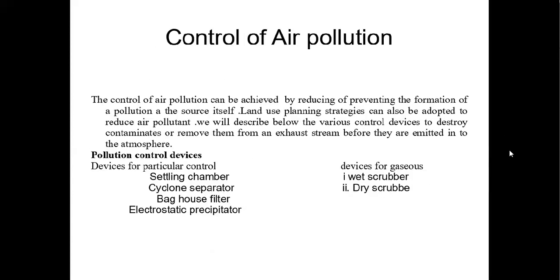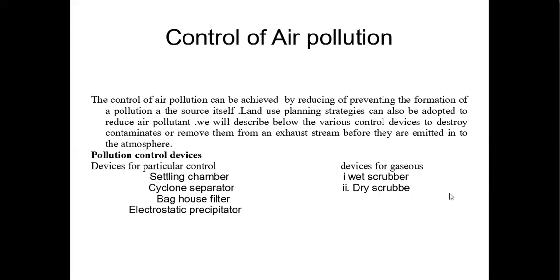And how can we control air pollution? The control of air pollution can be achieved by preventing the formation of pollutants at the source itself. Land use planning strategies can also be adopted to reduce air pollutants.